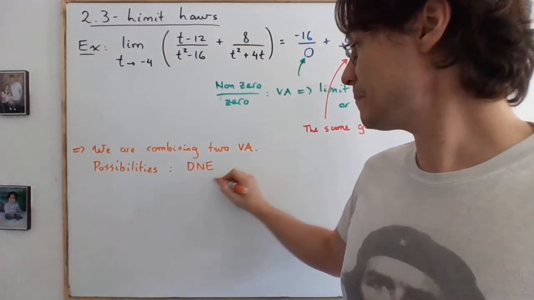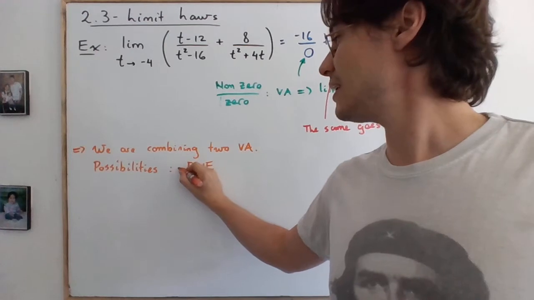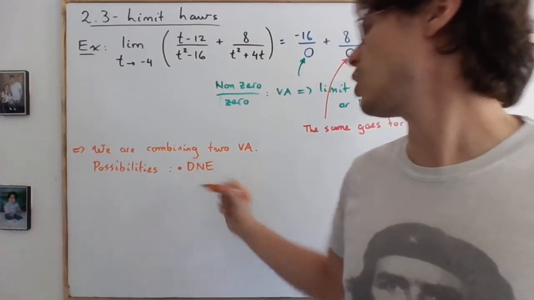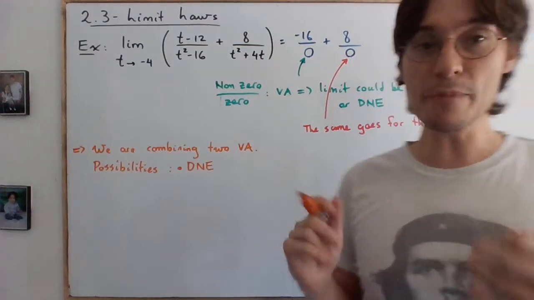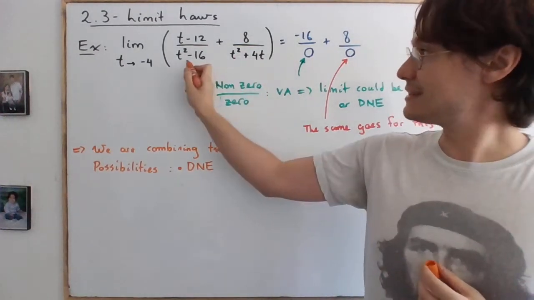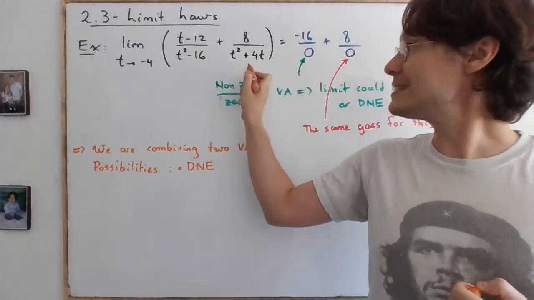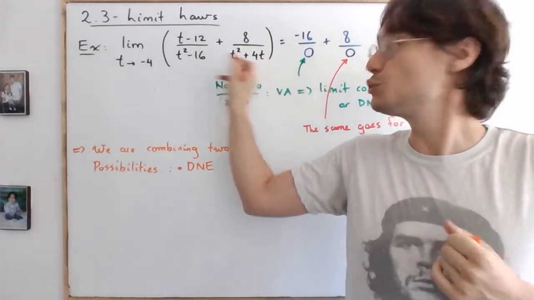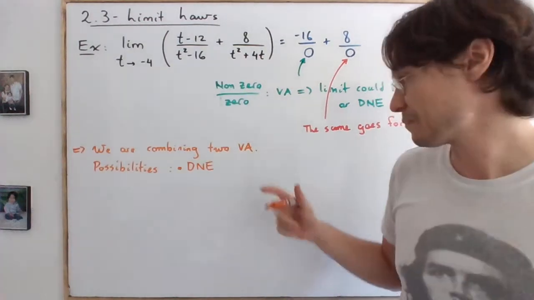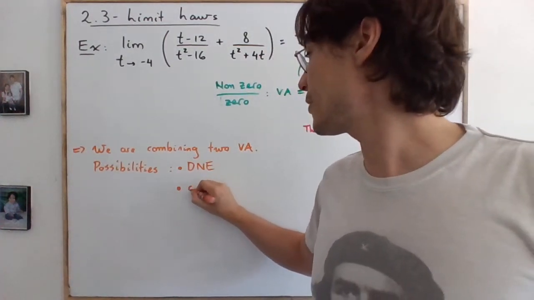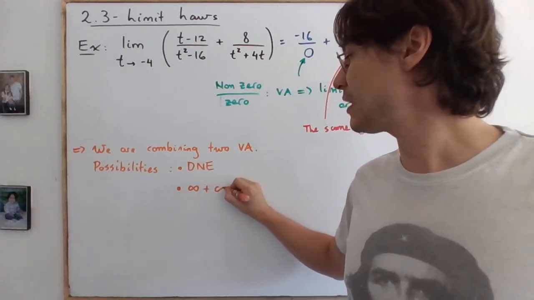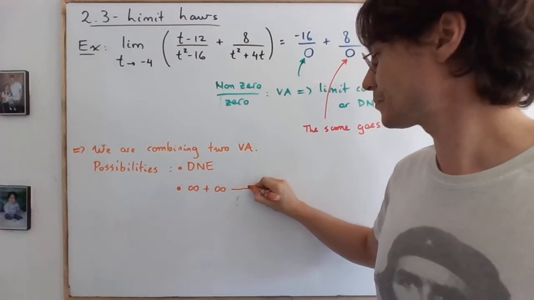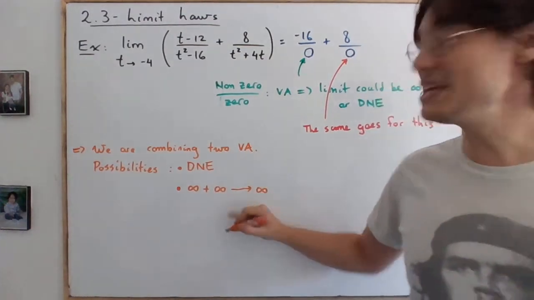Another possibility, a bullet point: let's say that this limit is infinity and this limit is infinity as well. In other words, the two terms are both blowing up. So this is a scenario in which we have infinity plus infinity, and the result will also be infinity.